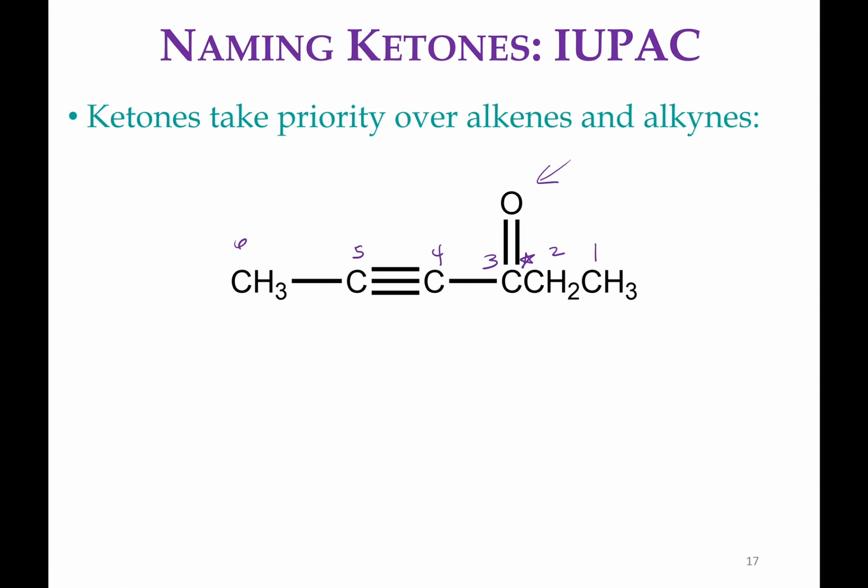So the ketone is at number 3, the alkyne is at number 4. And here we go. So 1, 2, 3. We have hex, -yne. You know, I think there's a typo in this slide on this one I forgot to do. So we're going to go back and I'll just write it. So this is hex.